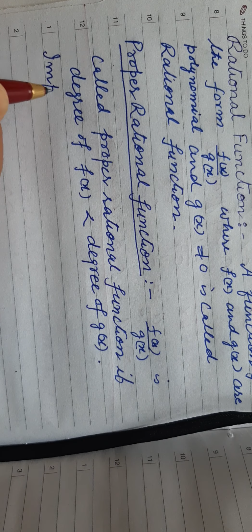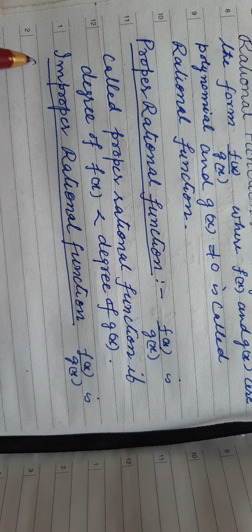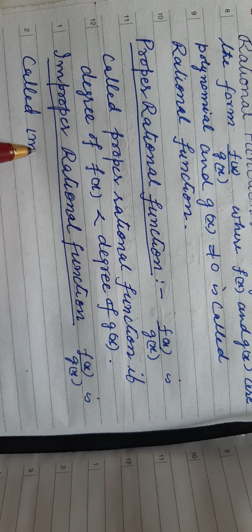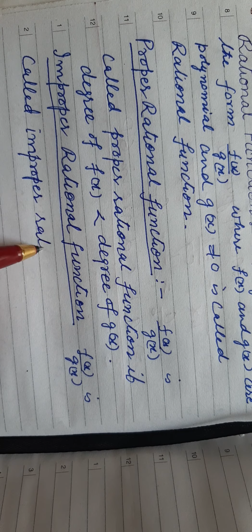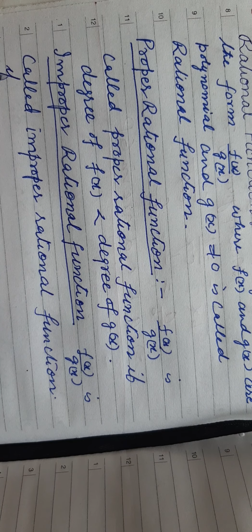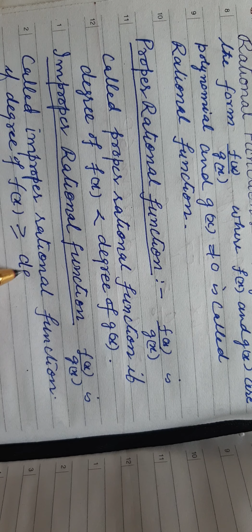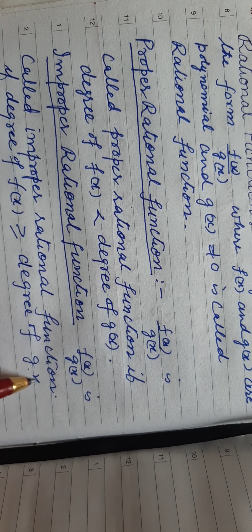These three important definitions are required for solving partial fractions: first the rational function, then proper, then improper. f(x) upon g(x) is called an improper rational function if the degree of f(x) is greater than or equal to the degree of g(x).